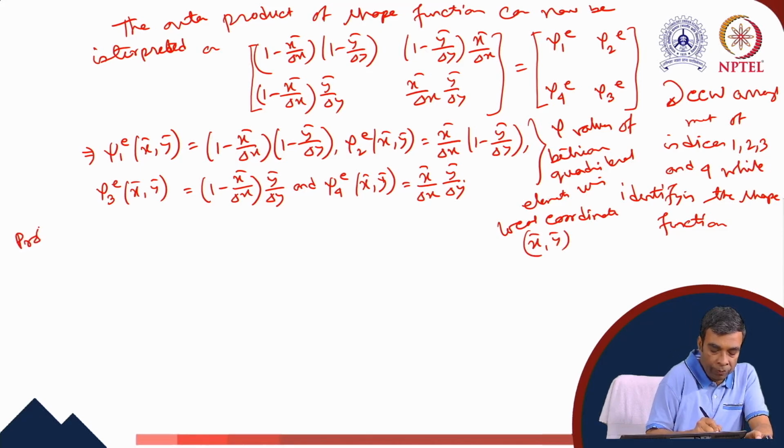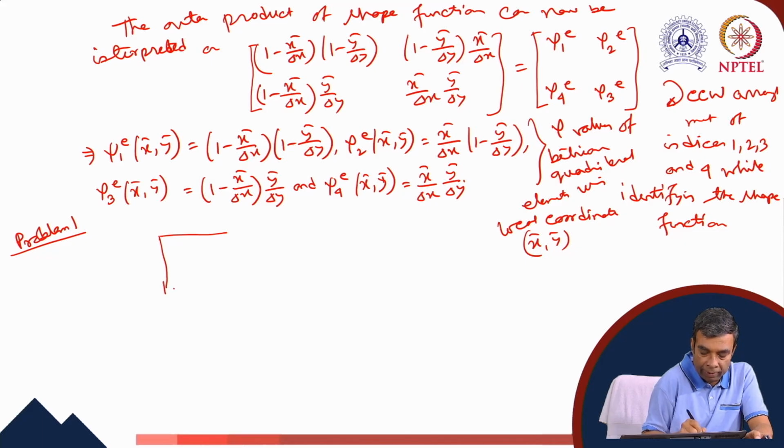So let us solve a problem. Let us consider a square element. This is element E. It has 4 nodes, 1, 2, 3 and 4. Let us consider the global coordinates as 1, 2, 2, 2.